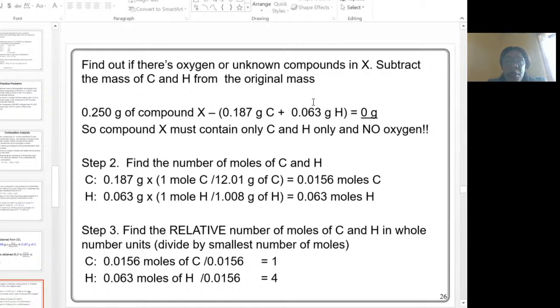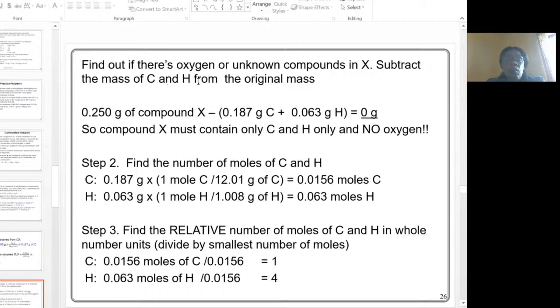When you add up these two masses and subtract from 0.250, you get 0 grams. So it means that compound X must contain only carbon and hydrogen, and no oxygen.